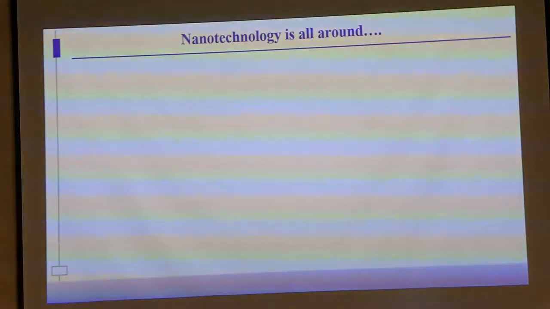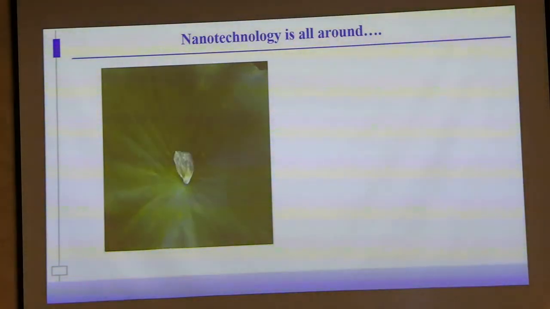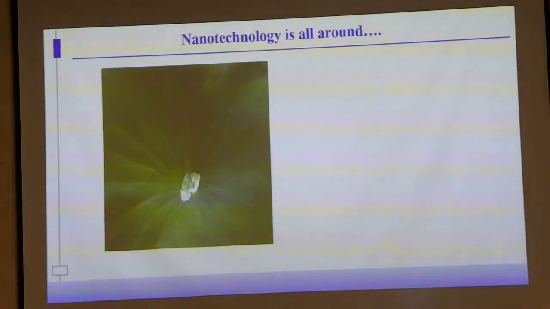Another example here is a hydrophobic surface. If you see a lotus leaf, you put any drop on it, it will not get wet. And that's not just about this one. There are a lot of these, for example, butterfly wings.